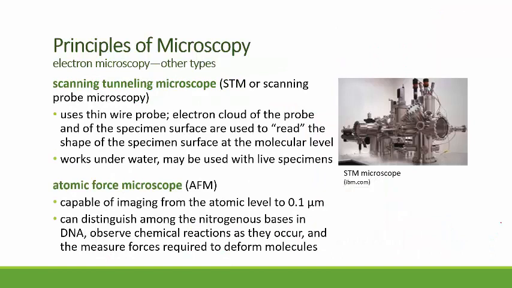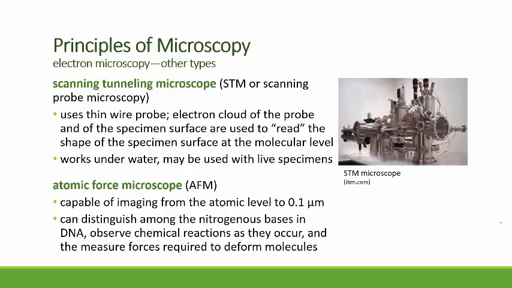And then there are a couple of other very high-end, high-tech microscopes, and they include the scanning tunneling microscope that uses a super thin wire probe, and there's an electron cloud surrounding the metals of that wire probe.